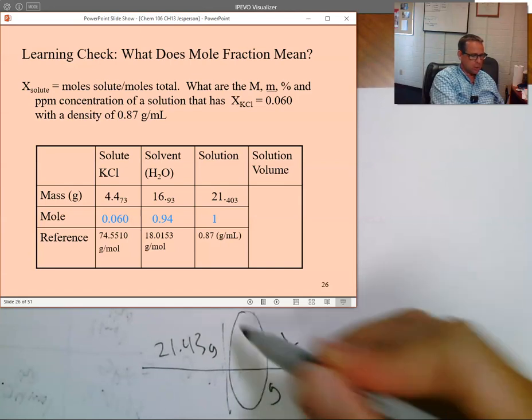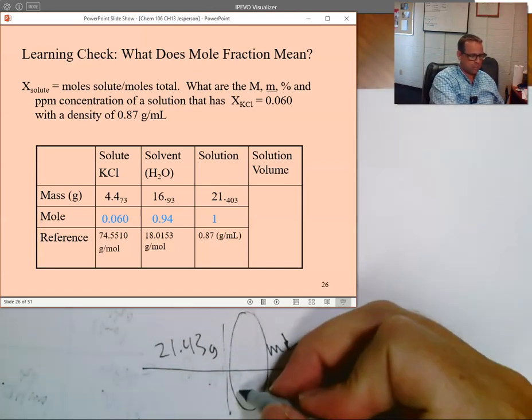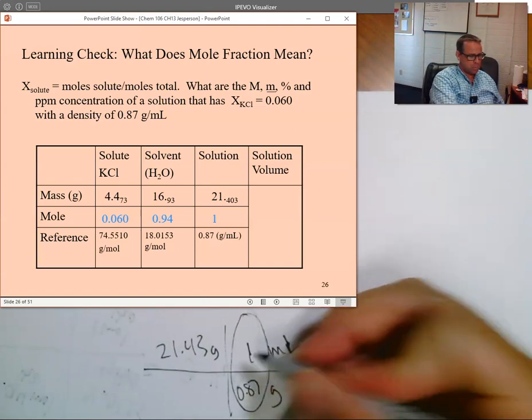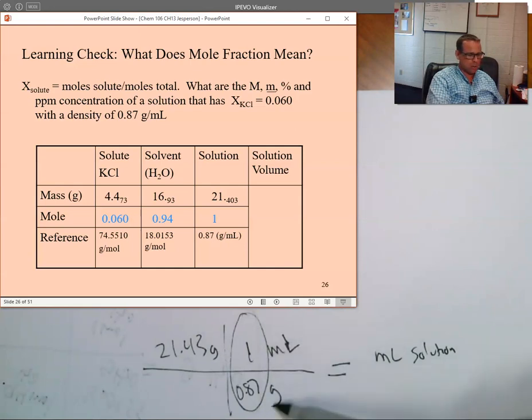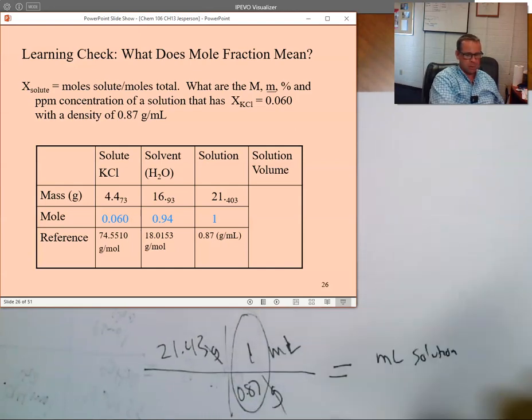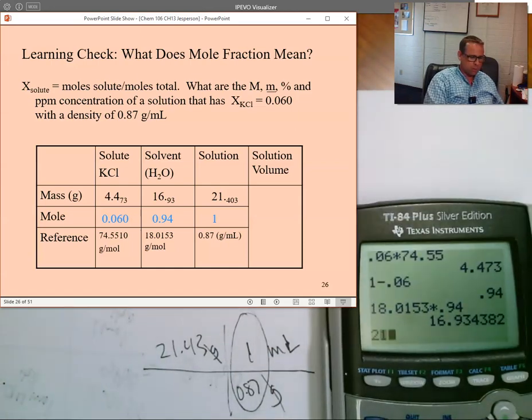So what numbers do I put in here? 0.87 grams over 1 milliliter. Well, yes, or 1 milliliter is 0.87 grams. I knew I needed grams on the bottom because of that. Very good. So 21.403 divided by 0.87. I think it's 403. 21.403. Very good. Thank you.